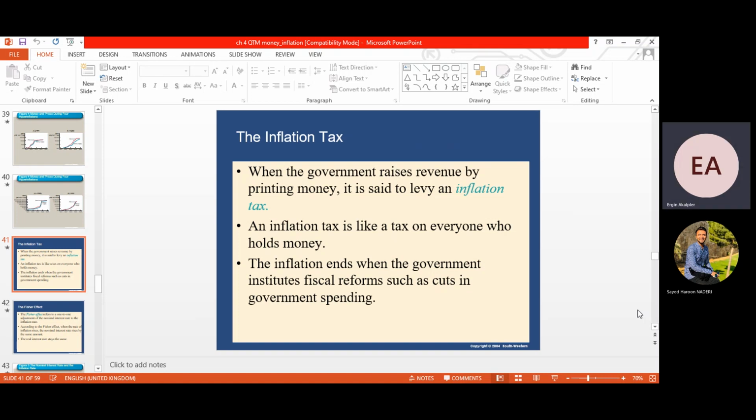If I tell you that you give me 10% of your income because I am levying 10% on your income, you may not be hurt. But if I tell you I am going to levy 60%, 80% of your income, you will probably reject this offer. But with inflation, nobody can reject this because it is inflation. It is the price increase, the rise in general prices. And when this has happened, everybody suffers.